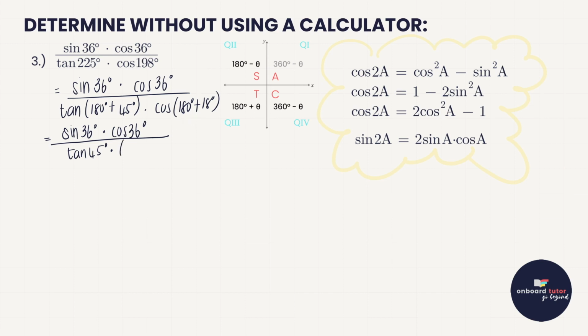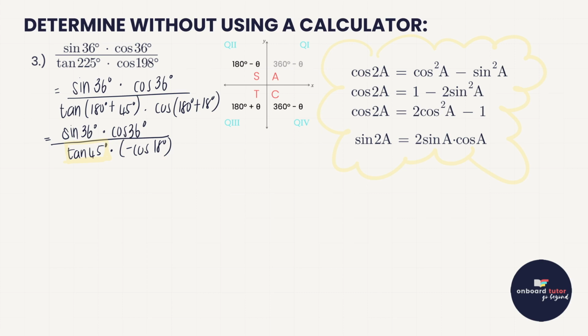So that's going to multiply by a minus cos of 18 degrees. Okay, now what we want to do is have a look. Tan of 45, that's a special angle. And at matric level, we actually know straight away, we know our trig graphs, tan of 45 is equal to 1. So that part is technically going away because dividing by 1 is not going to change anything.